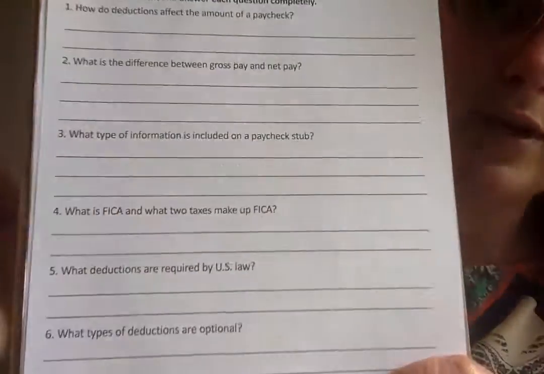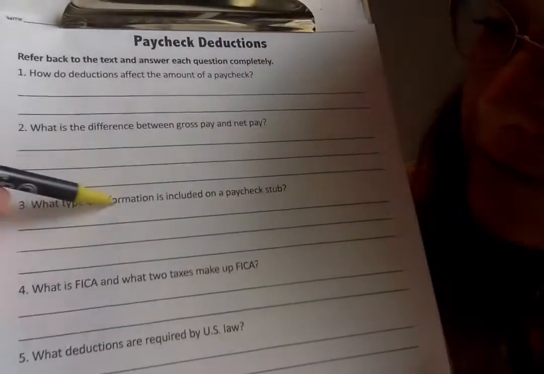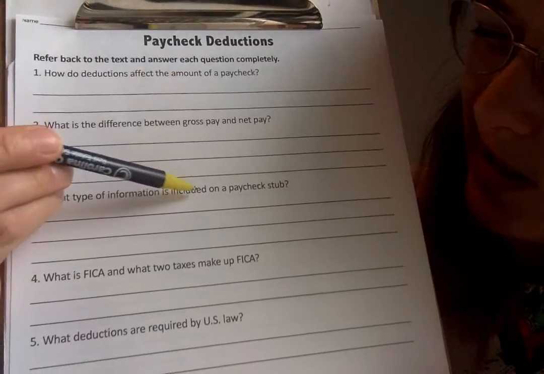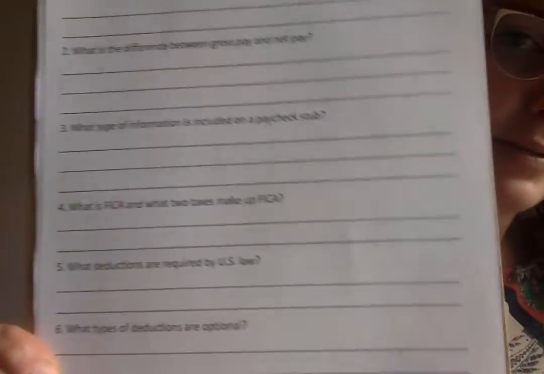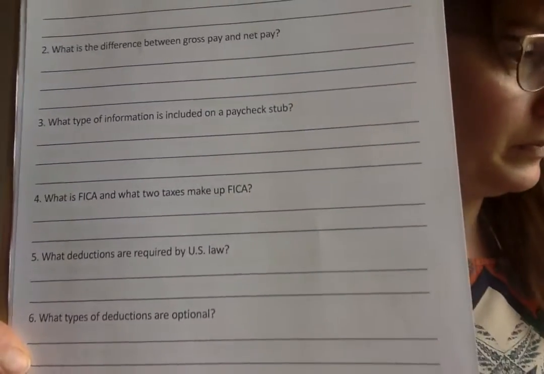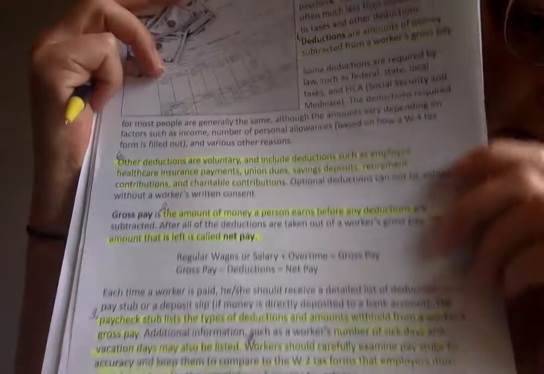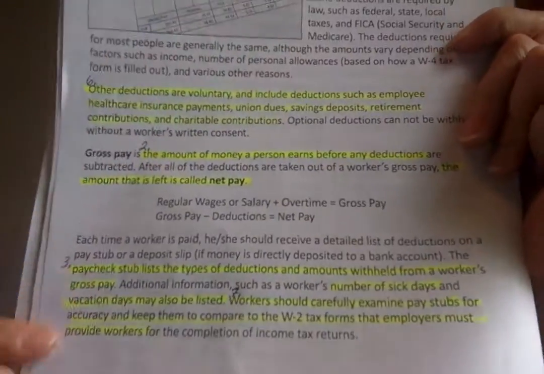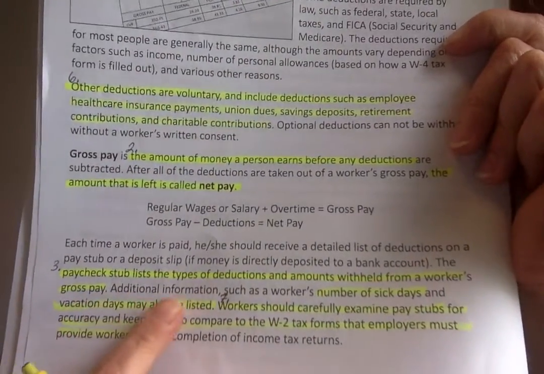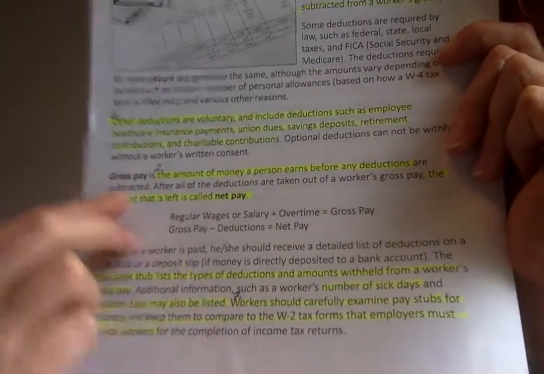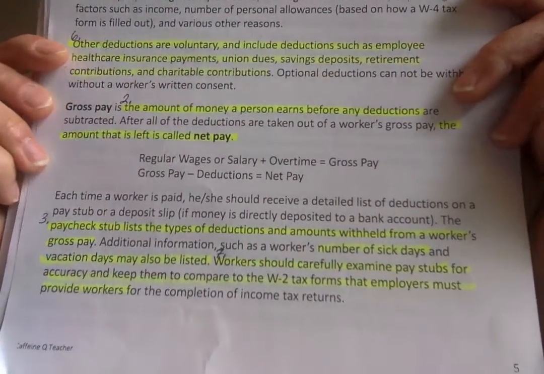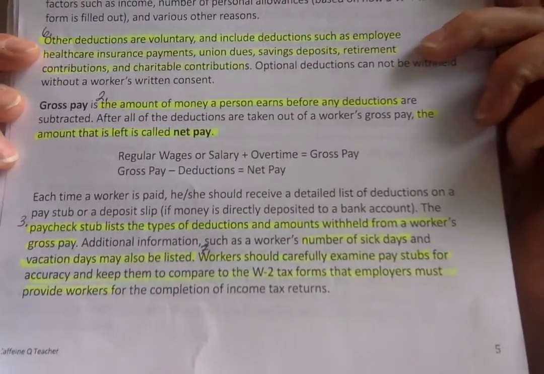We'll move on to number 3. What type of information is included on a paycheck stub? So here for number 3. Paycheck stubs list the types of deductions and the amount withheld from workers.